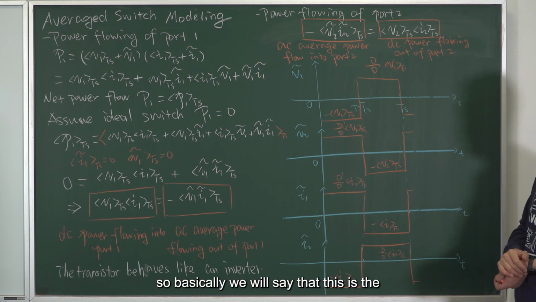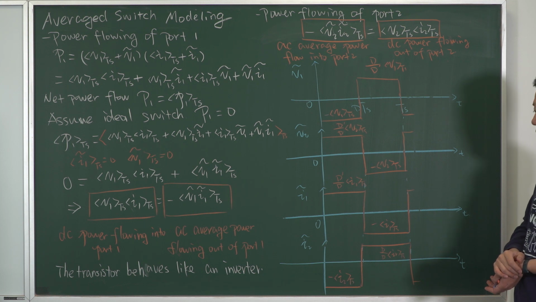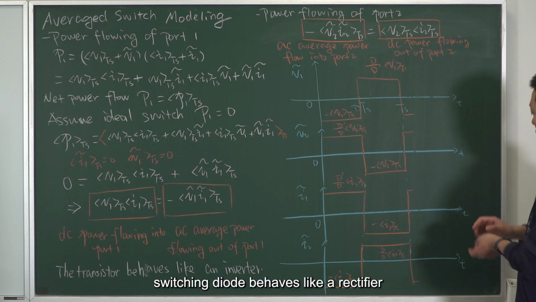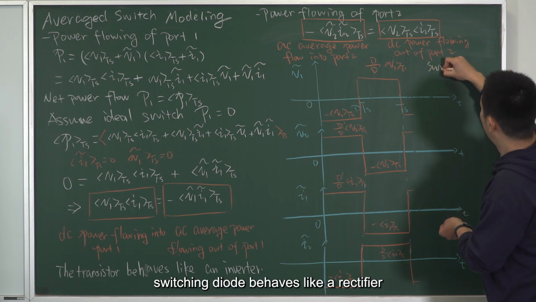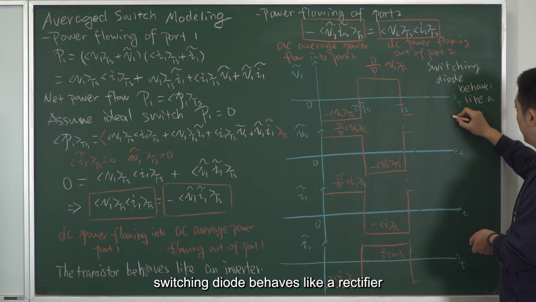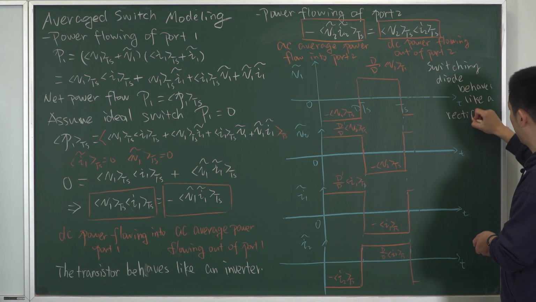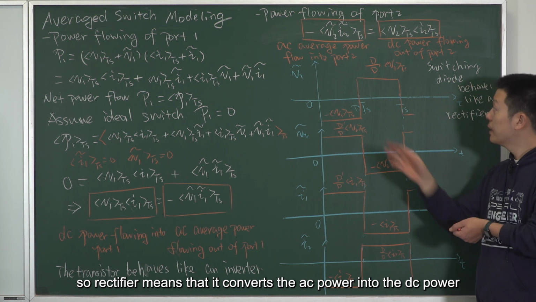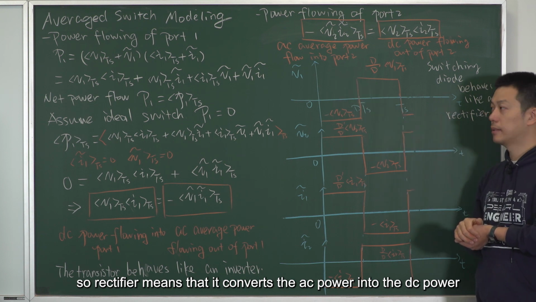So basically, for port 2, the switching diode behaves like a rectifier. Rectifier means that it converts the AC power into the DC power.